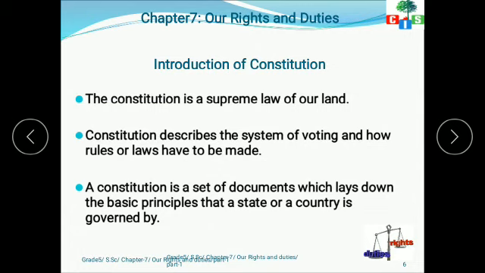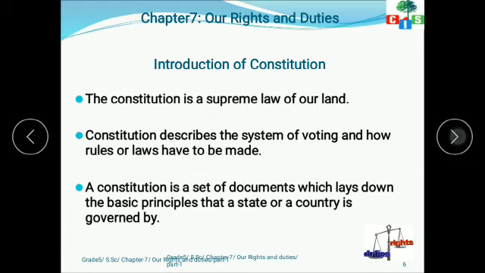The Constitution also describes the system of voting and how rules or laws have to be made. So the Constitution is a set of documents which lays down the basic principles by which a state or a country is governed.